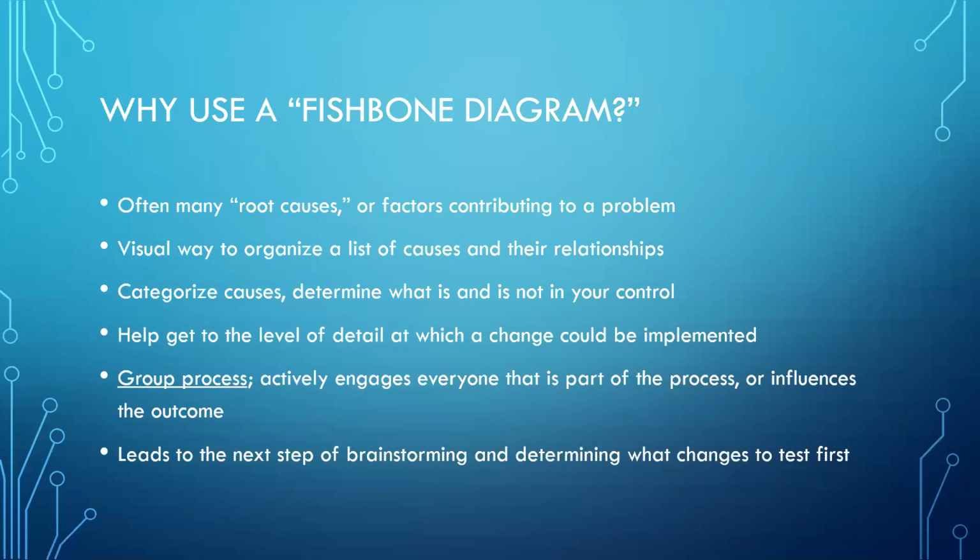Again, you need to make sure that you have everyone in the group that influences the outcome. I've even seen teams bring in a patient in addition to those that Kristen listed earlier. And now that you've gotten to the level of detail and you know what's in your control and what's not, it's a really nice way to lead into the next step of brainstorming and determining what changes you want to test first.